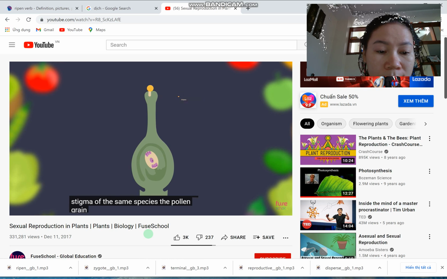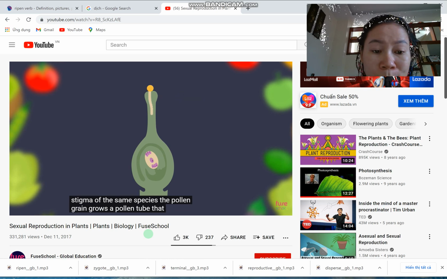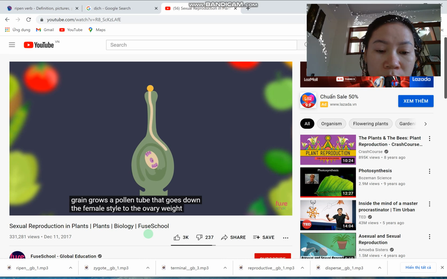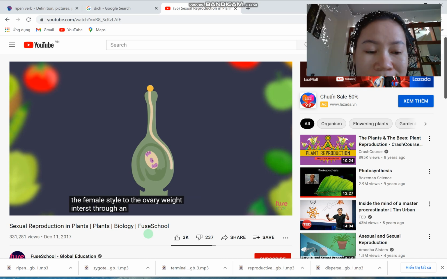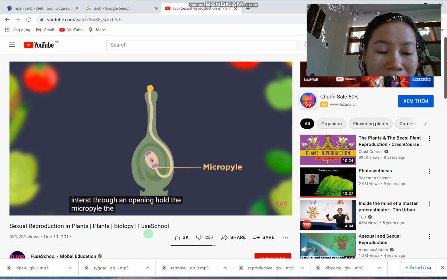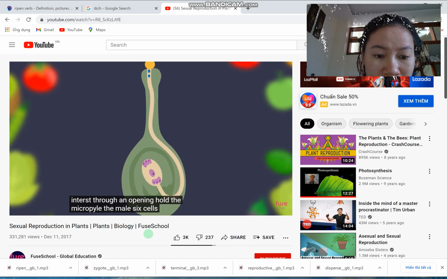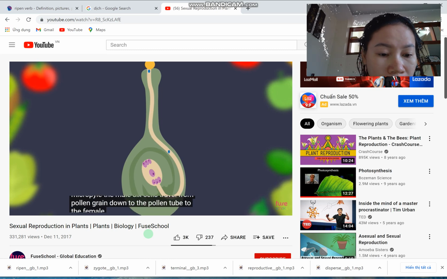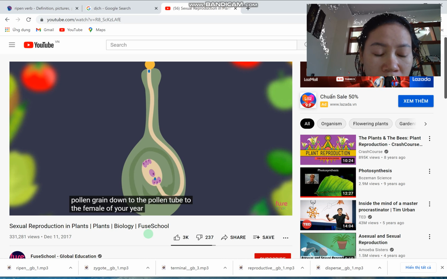The pollen grain grows a pollen tube that grows down the female style to the ovary, entering through an opening called the micropyle. The male cells travel from the pollen grain down the pollen tube to the female ovule.